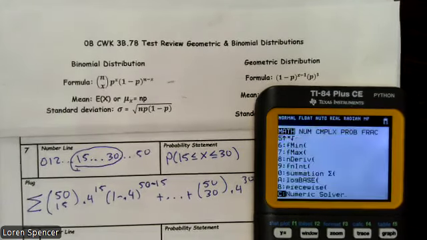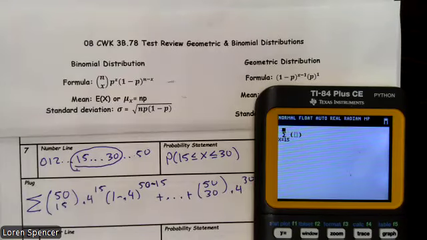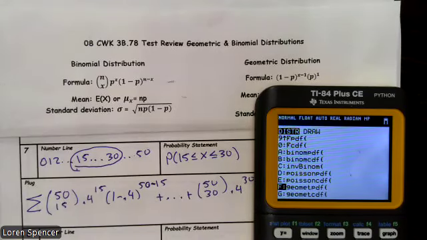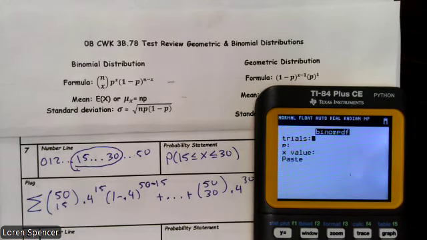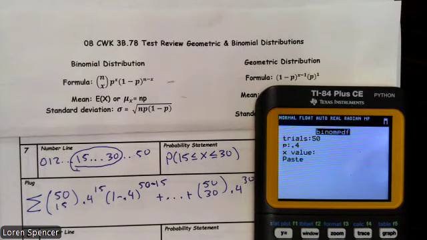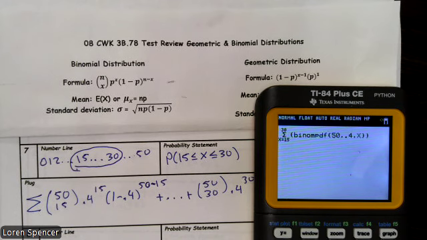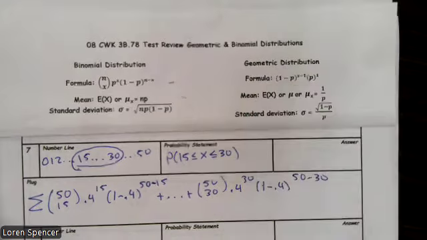Try again. Math summation. So even the teacher makes mistakes. X equals 15 to 30. There we go. Second vars, binomial PDF. Trials in this case is 50. Our probability is still 0.4. But we use summation, so this has to be an X. And I get 0.9446.